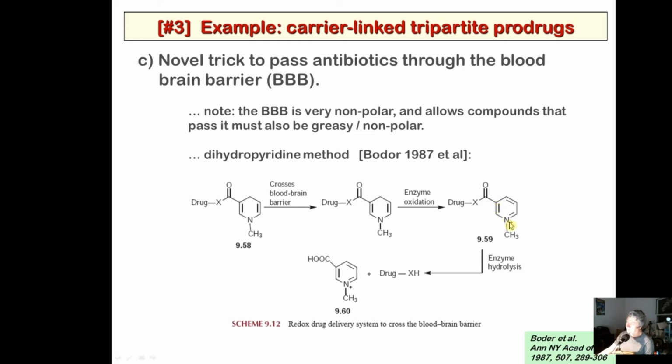I think the positively charged nitrogen even activates this for hydrolysis. So some kind of esterase or amidase will cleave this carbon X group and then leave you with the drug. So this was developed as a novel idea for getting drugs into the brain, passing through the blood-brain barrier.